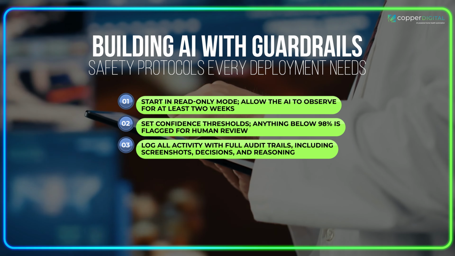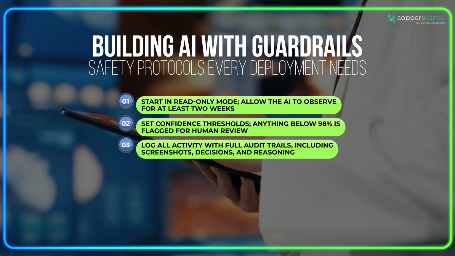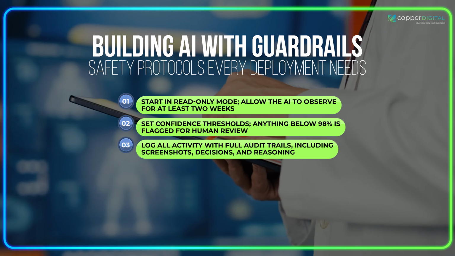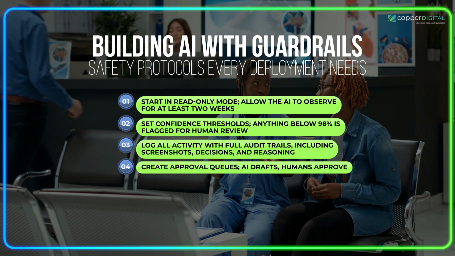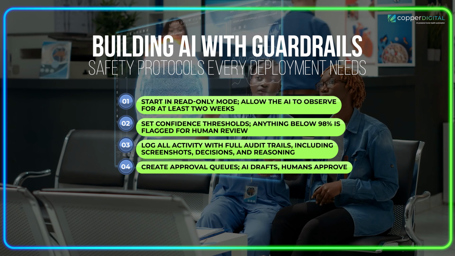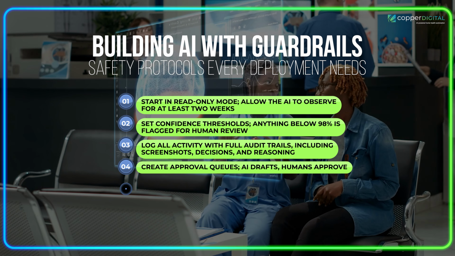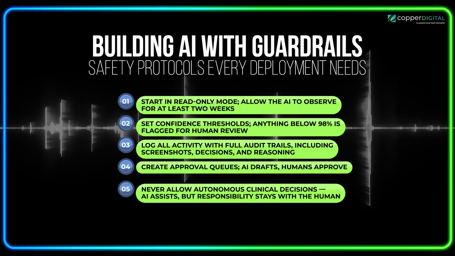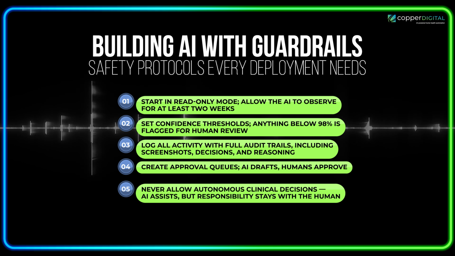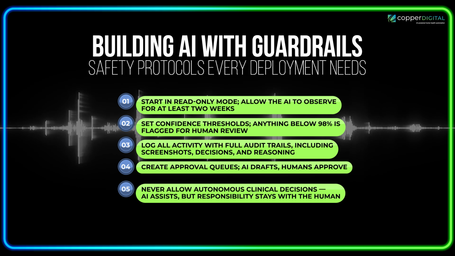Keep a full audit trail with screenshots, decisions, and reasoning. This is non-negotiable for compliance. Create approval queues. The AI drafts, the human approves, always. Never allow autonomous clinical decisions. This is legal suicide. Your role is to build a system where the AI assists and the human takes responsibility.